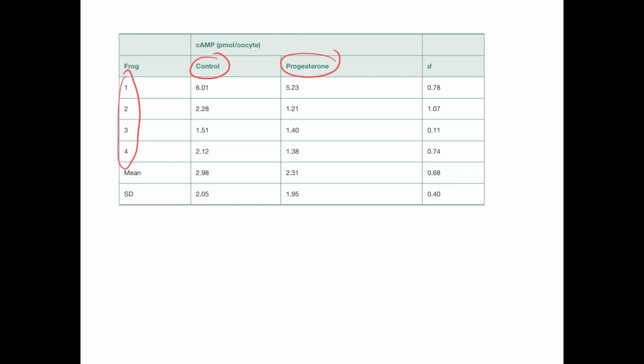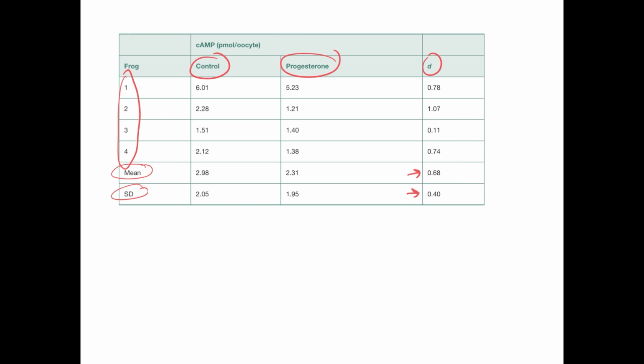In the table, they've already calculated the difference in those 2 measurements for each of the 4 frogs. We've also got a row for the mean and the standard deviation. What we care about is the mean and standard deviation of the differences. It's these that we're going to use to formulate our test statistic.